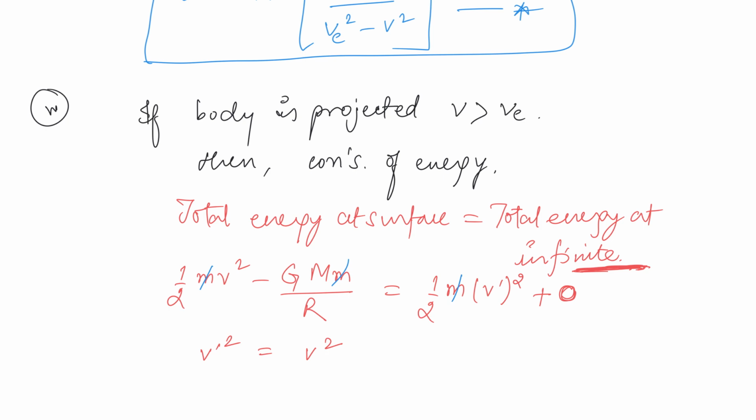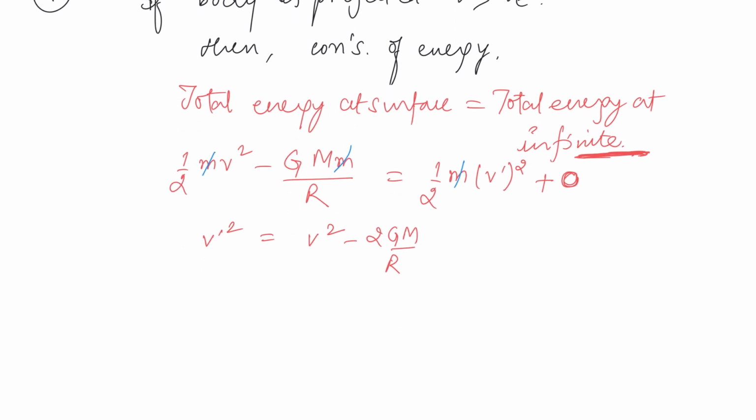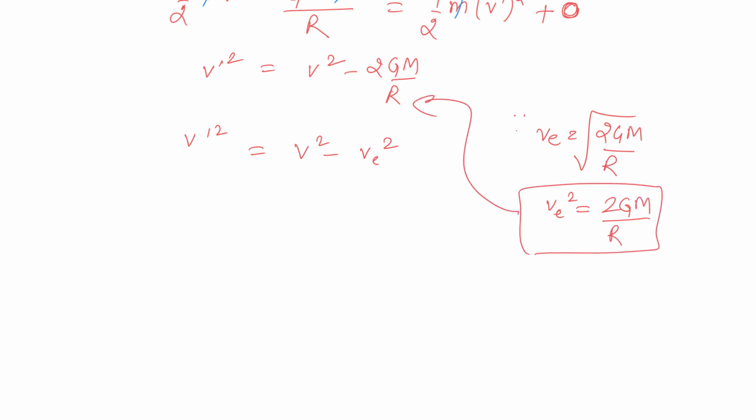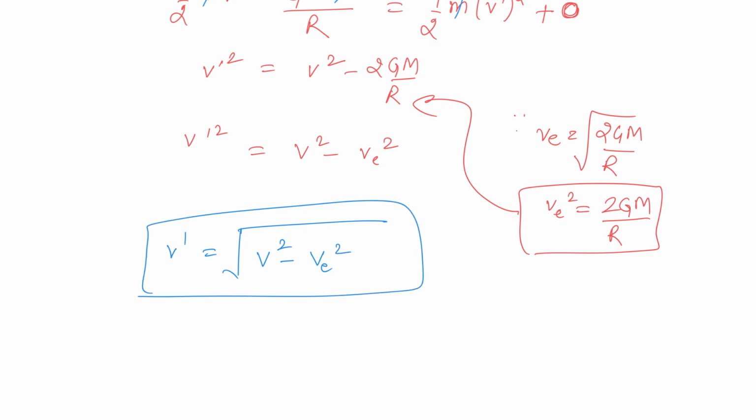Solving, we get v'² = v² − ve², since ve² is 2GM/r. So the velocity will be the square root of the difference of the squares of these two velocities.